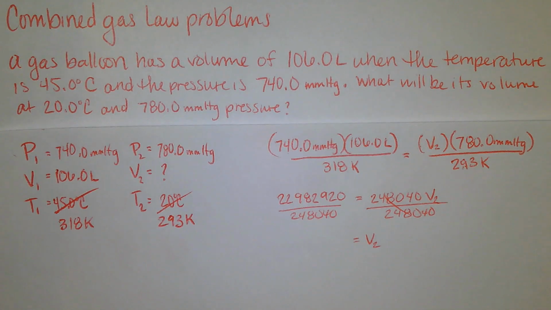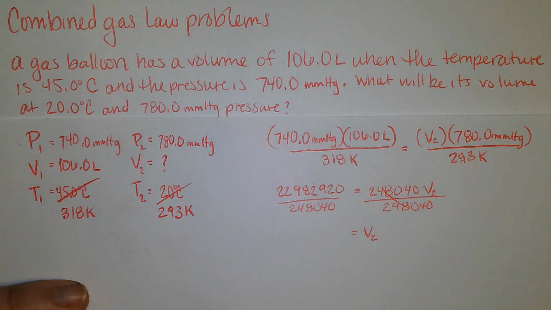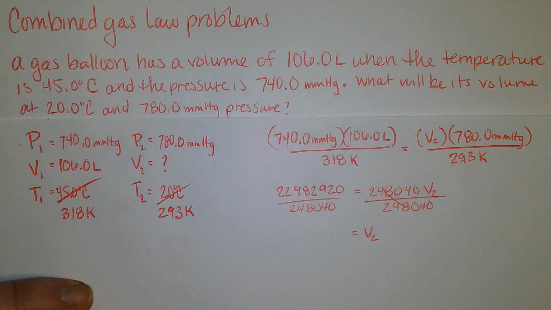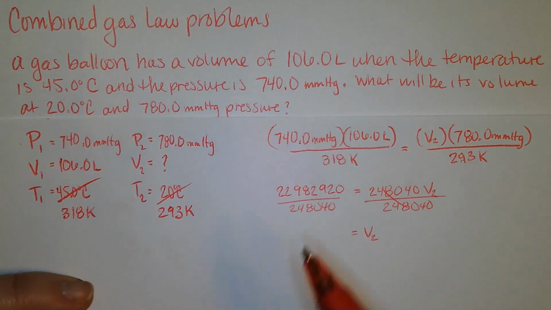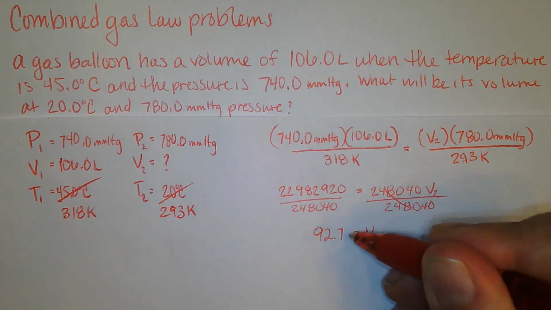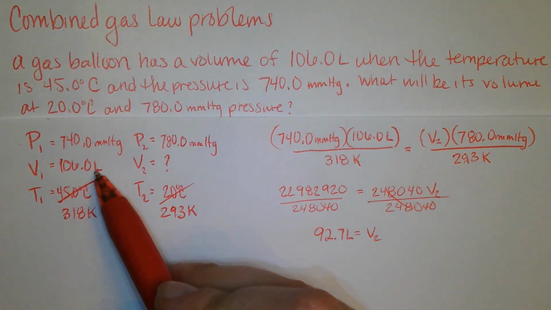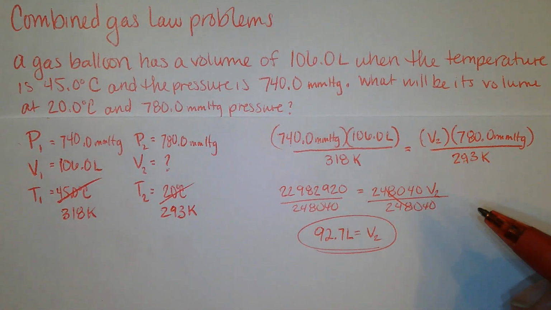V2 is equal to 22,982,920 divided by 248,040, and I'm getting 92.7 liters because this is volume. Volume started with liters, volume is going to end with liters. 92.7 liters. All right, there it is.